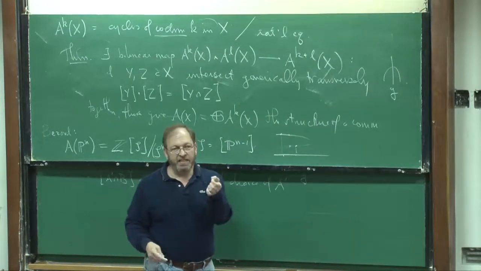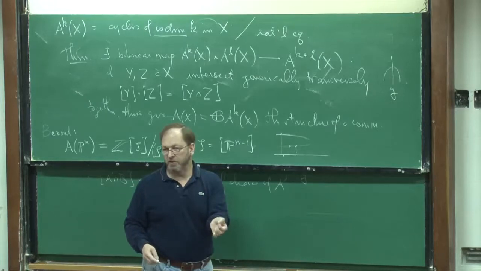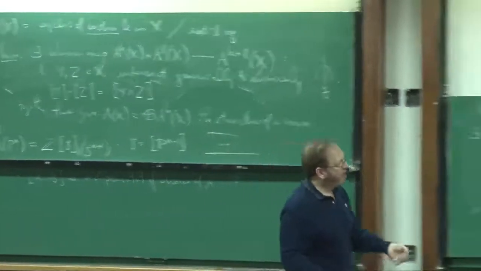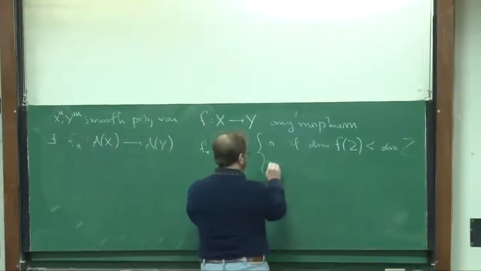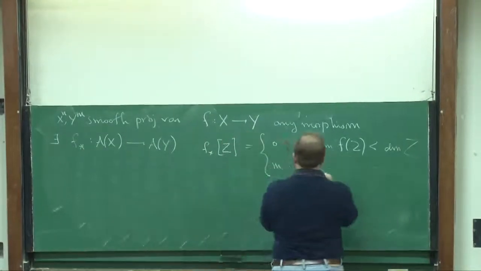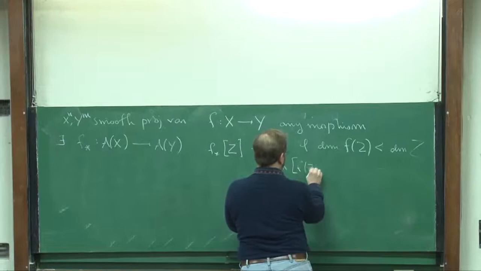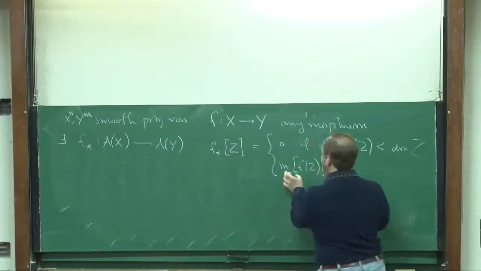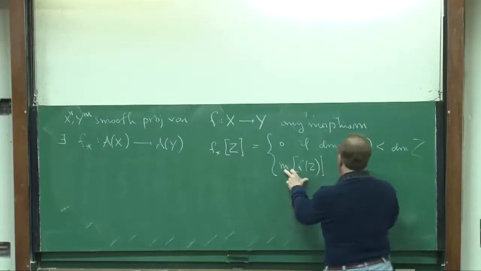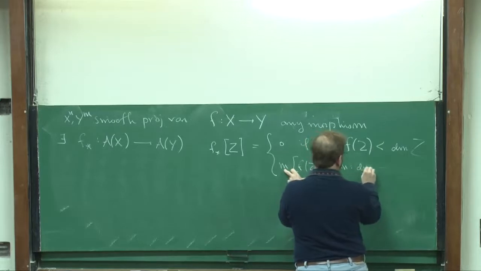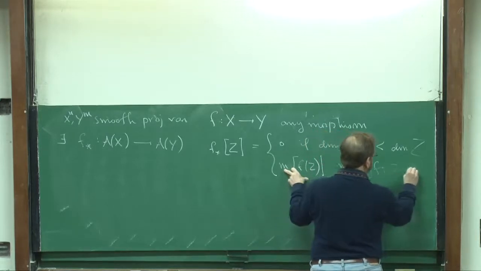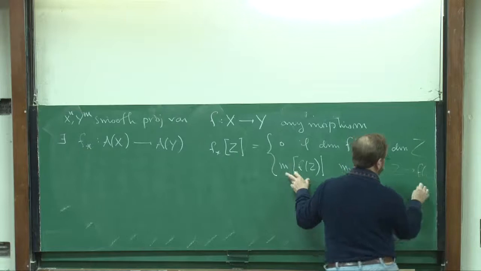Again, I want to say it's the image point with multiplicity 2. So what I want to do is to take the class of the image, f of z, but I want to multiply by m, where m is the degree of the map f from z to f of z.